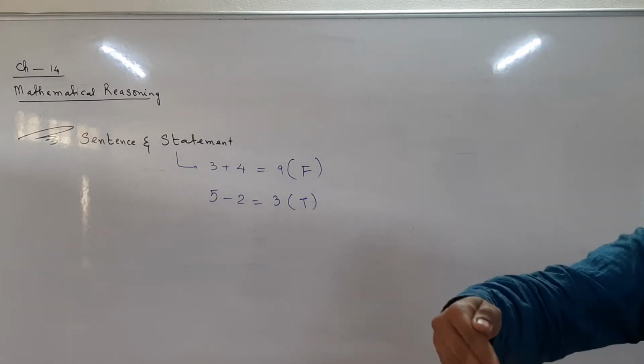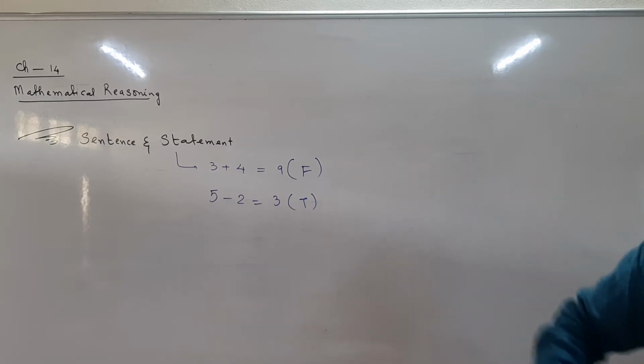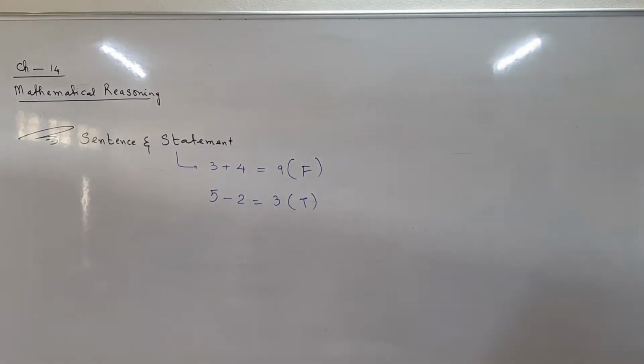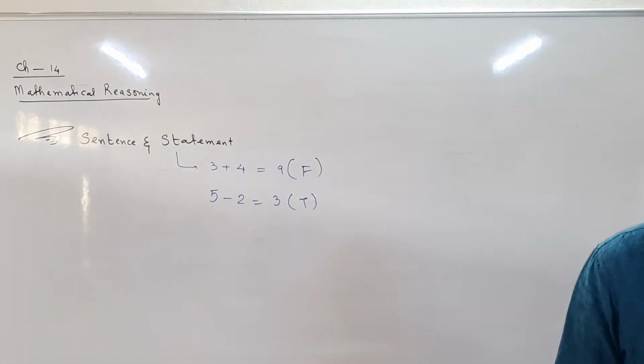If in some cases it is true and in some cases it is false, then definitely students, it is not a statement, it is a sentence. Now let us do example 1 of the textbook that will help you to understand this better.